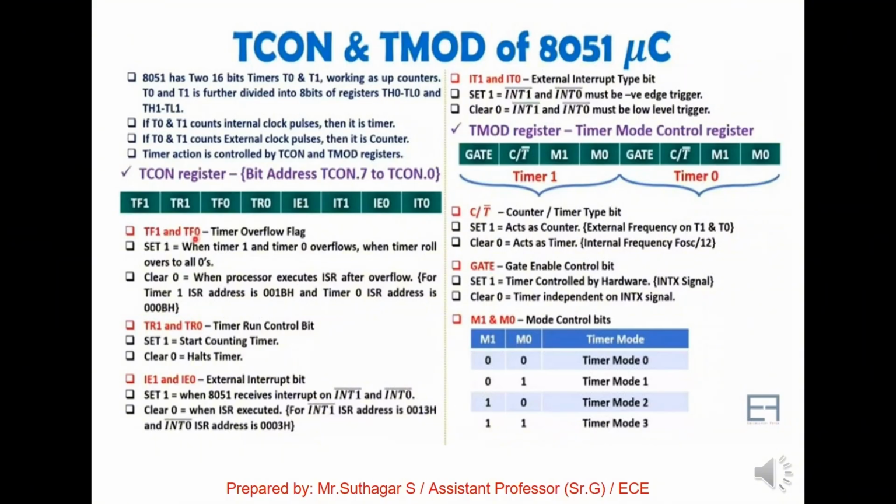For this purpose we will be utilizing two registers, the TCON register and the TMOD register. First let us discuss the TMOD register. It is a timer mode control register which is 8 bits.